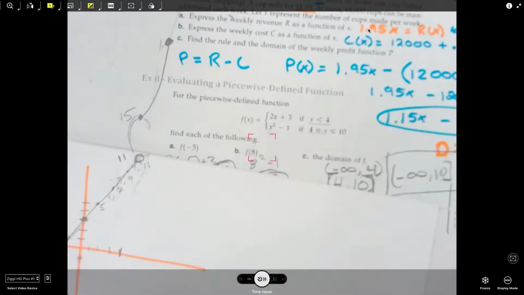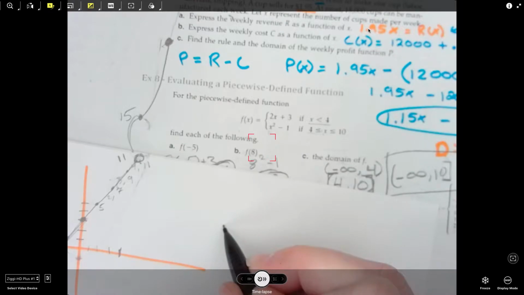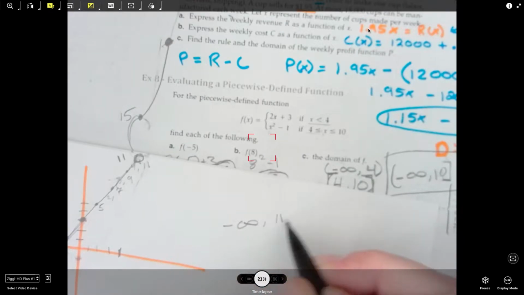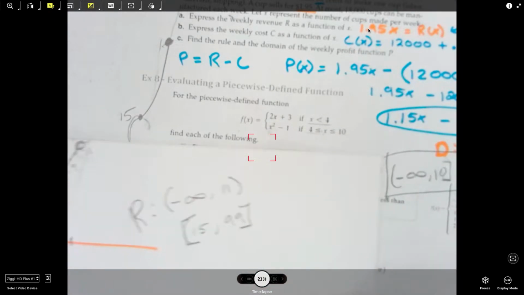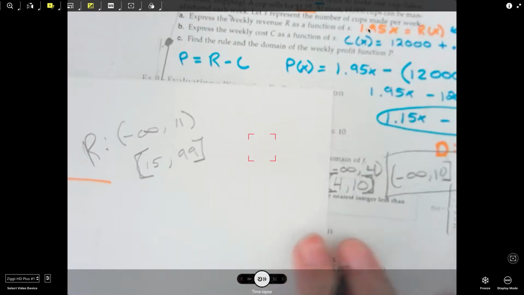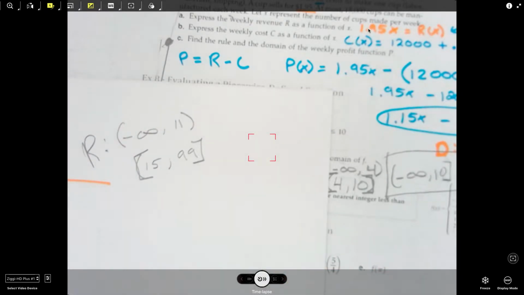My range is only going to be from negative infinity to 11, and then from 15 to whatever, 99 maybe. This is going to be my range. They don't ask for range, but that's where it falls apart. Okay? My domain is all of the values between negative infinity and 10, but my range is going to skip over from 11 to 15.